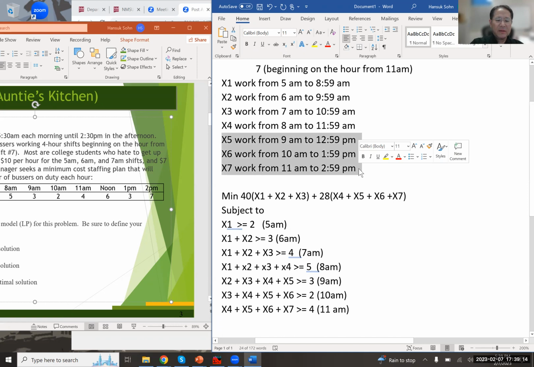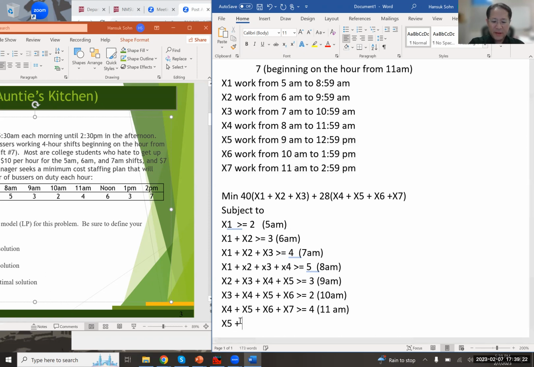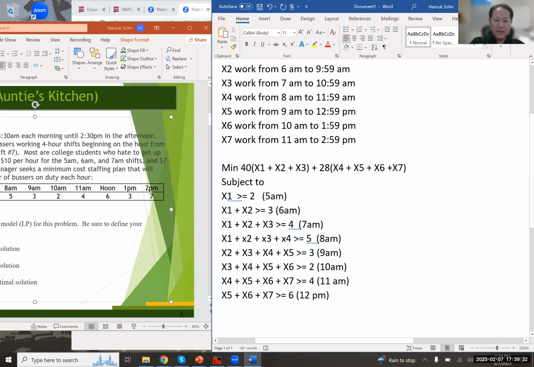Only these 3 groups of people, X5, X6, X7, at least 6 for 12 p.m. And at 1 o'clock in the afternoon, only these 2 groups, X6 and X7, at least 3 for 1 p.m.